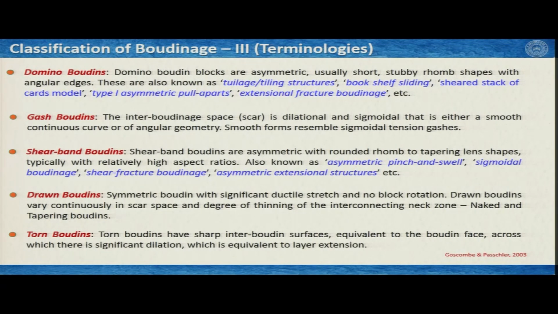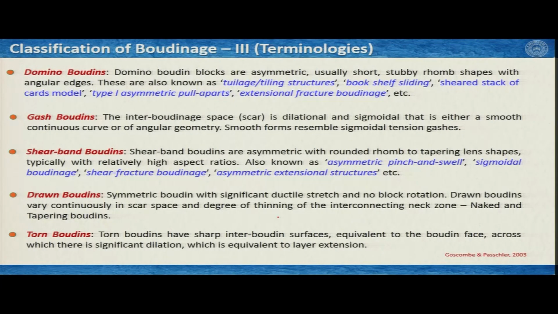So, drawn Boudins are symmetric Boudins with significant ductile stretch and no block rotation. Drawn Boudins vary continuously in scar space and degree of thinning of the interconnecting neck zone. You define it in two classes, one is naked and another is tapering Boudins.